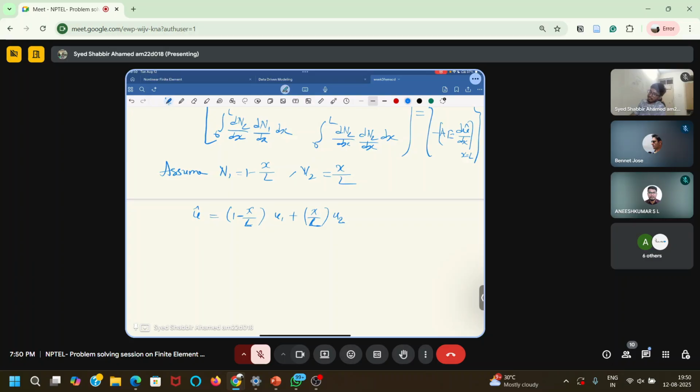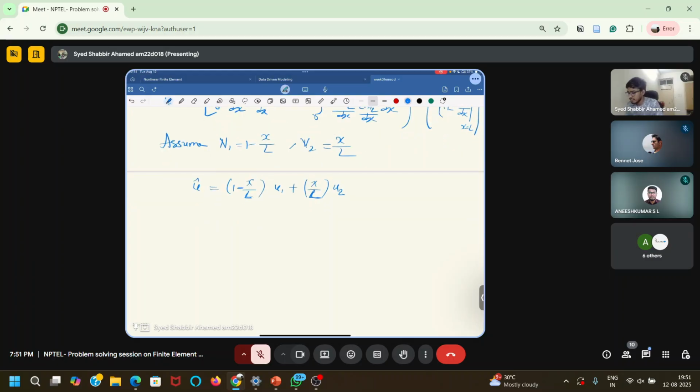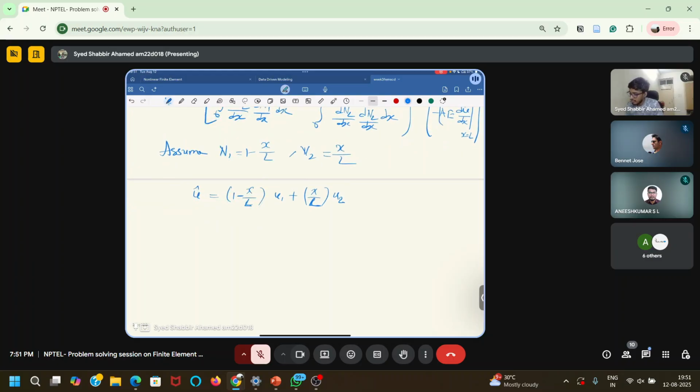So this approximate solution will satisfy the essential boundary condition.